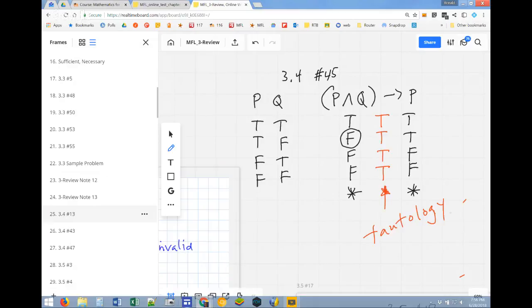I followed you until the true and the true is a true on the first column. What was the formula for that again? What do you mean by the first column? You mean the P and Q? Yeah. You have true in black, then true in red, then true in black. Why is that true again?